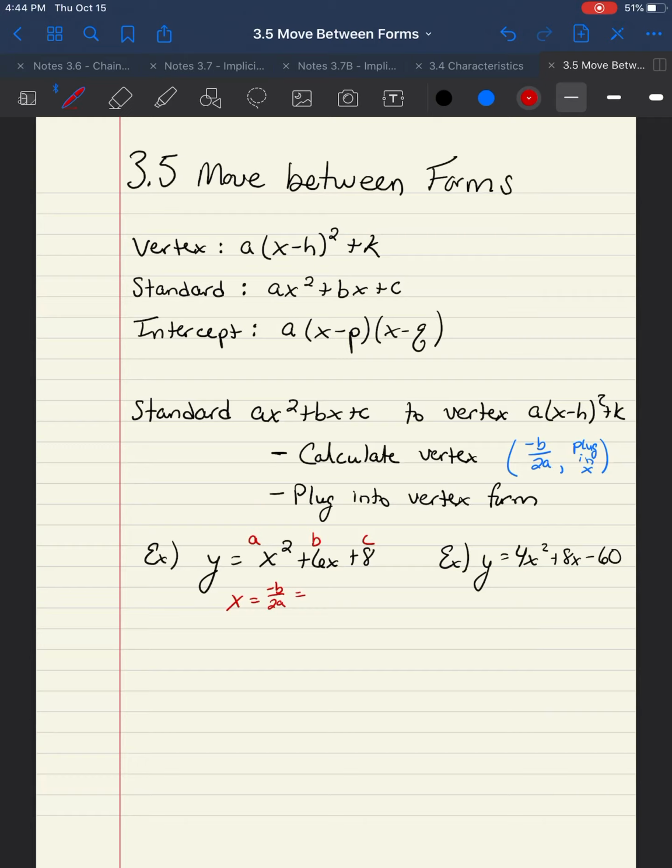Then, to find my vertex, I have to use my little formula. Negative b over 2a, which says opposite of b divided by 2 times a.